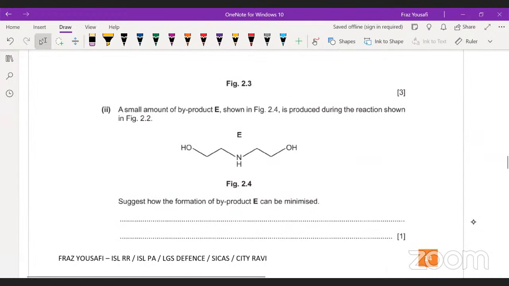Okay. All right. A small amount of product E shown in figure 2.4 is produced during the reaction shown in figure 2.2. Suggest how this particular process would occur. The only way that that's possible is if you had an excess amount of ammonia.